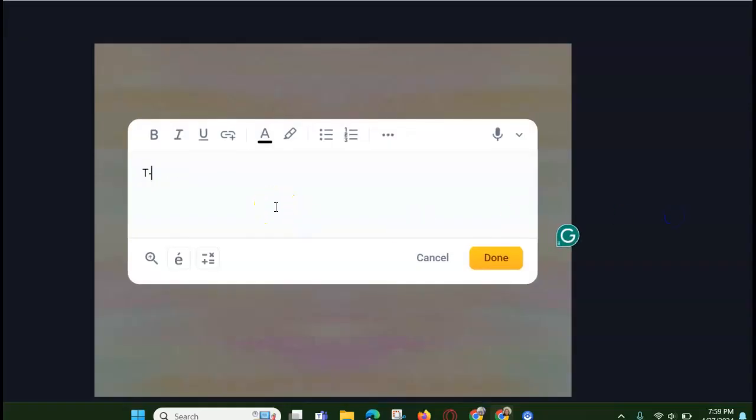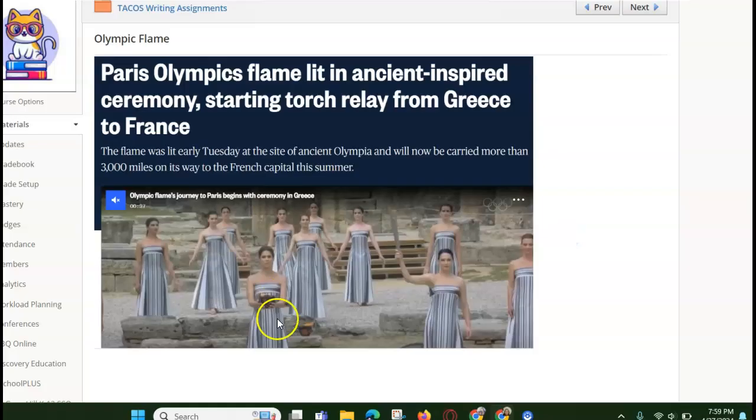So, T equals time. What time do we think this picture was happening? Well, we can see daytime, and we know that according to the caption, they are now preparing for the summer, and they are definitely not wearing winter clothing or any heavy coats or even a hoodie or anything.